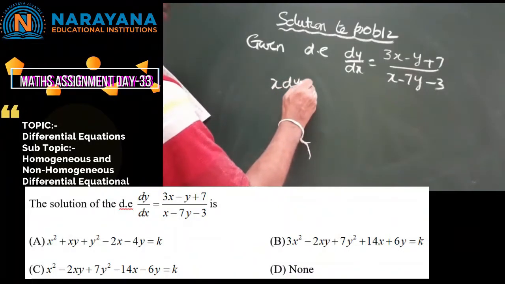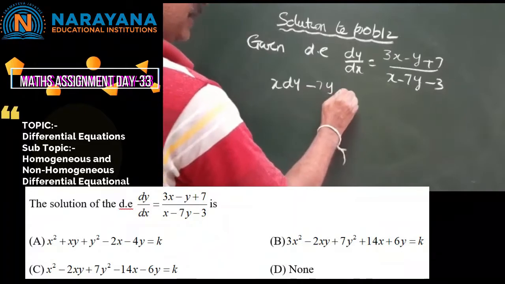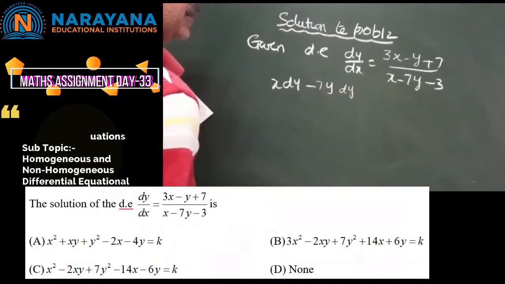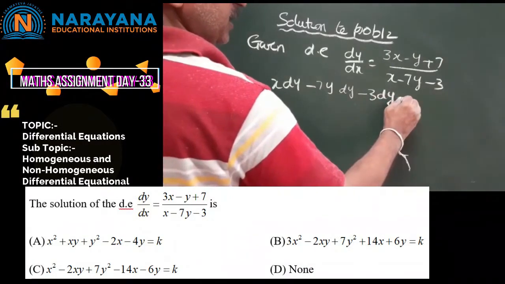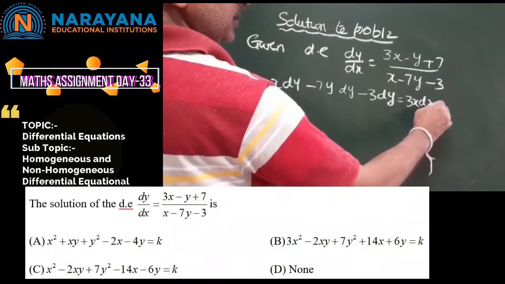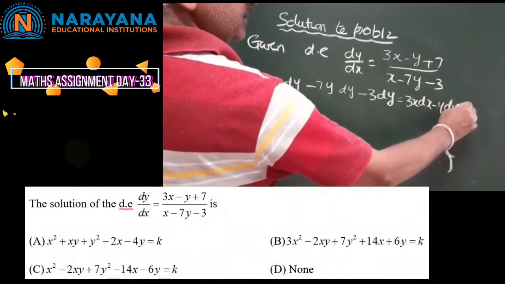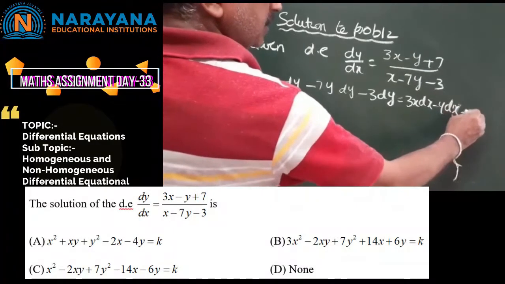So after grouping of the terms, I will get x dy − 7y dy − 3 dy equal to 3x dx − y dx + 7 dx.